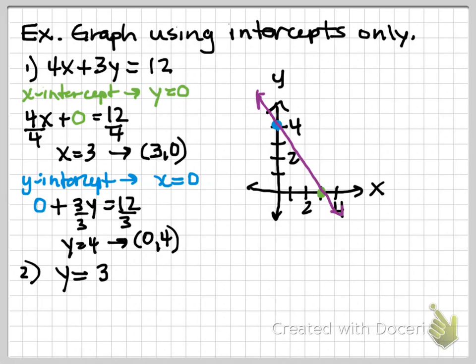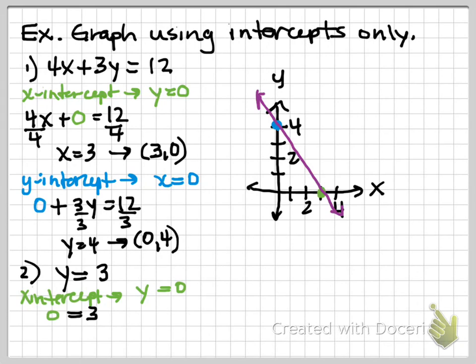So for the x-intercept, where the y value equals 0, this is what I get. 0 equals 3. When does 0 equal 3? Never. Never. So what that says is my line never crosses the x-axis.